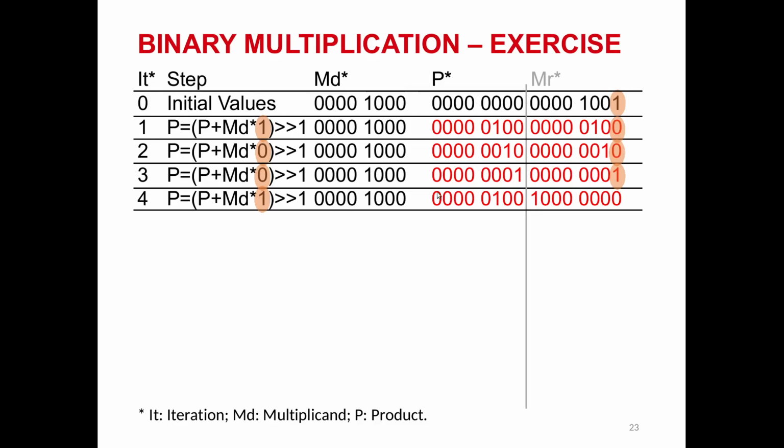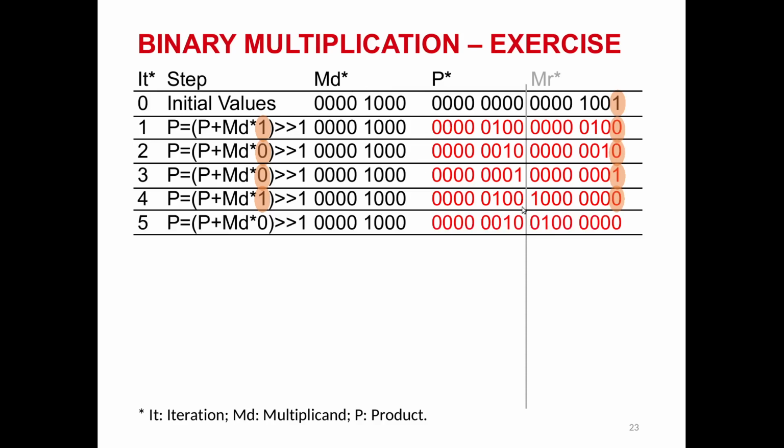And here we get to the 4th step. So MR should start from here to here, and the value of the product should start from here to here. Again, here we have value 0, and so MD will be multiplied with 0 and added with the higher part, or the most significant 8 bits, of the product.